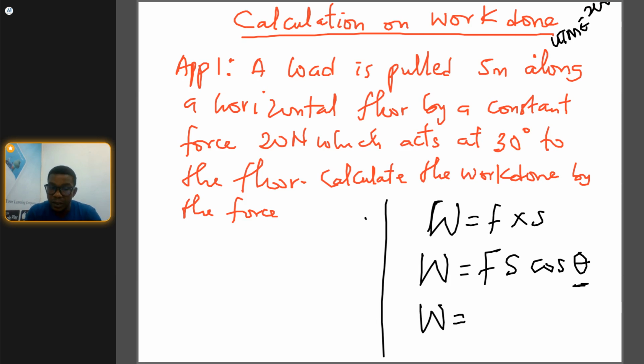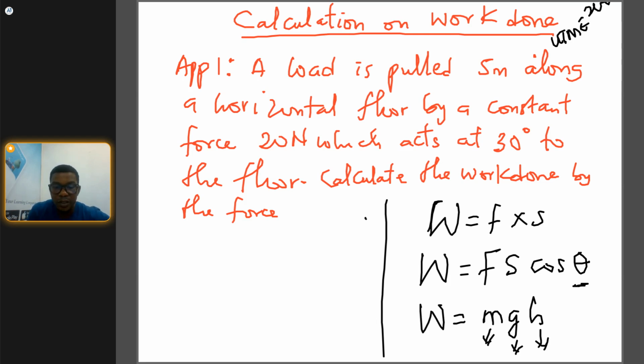We have gravitational fields, like we discussed in our previous classes when we were talking about gravitational force. Work done under a gravitational field is mgh, which is mass, acceleration due to gravity, and height. So we are going to be using these three formulas to solve questions.